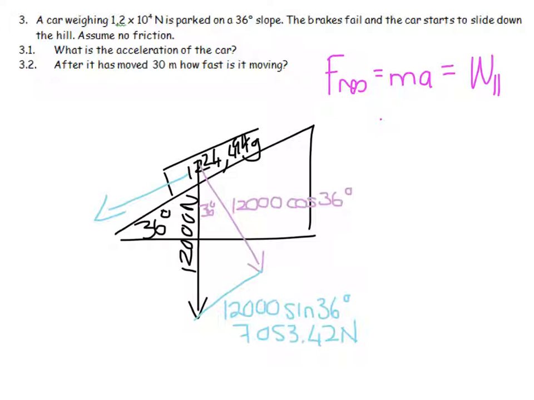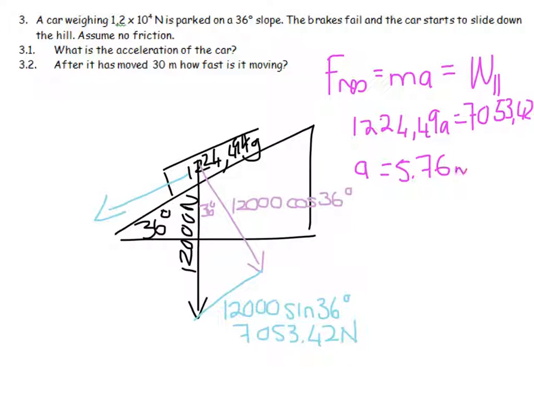So I land up with 1224,49 times acceleration is equal to 7,053,42. And my acceleration turns out to be 5,76 meters per second squared down the slope.